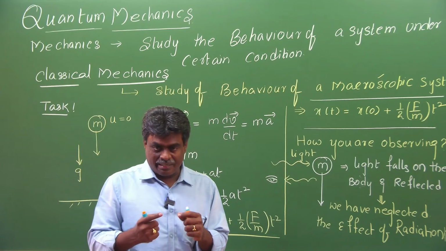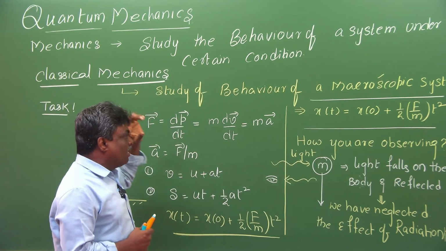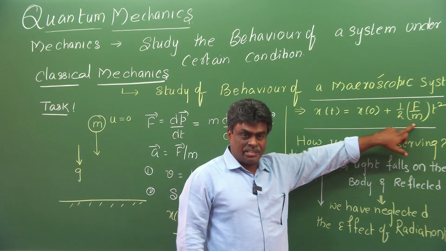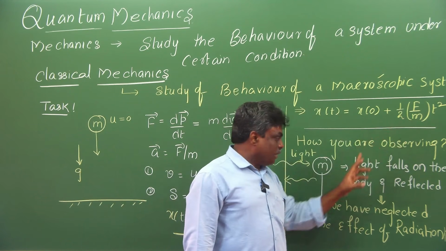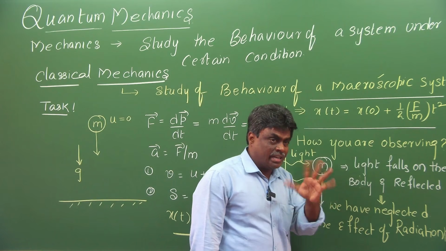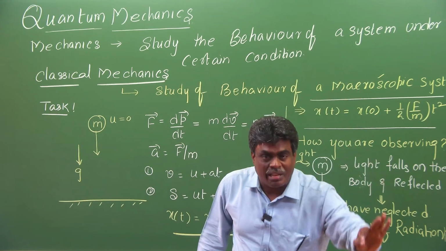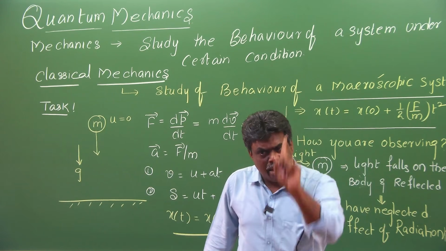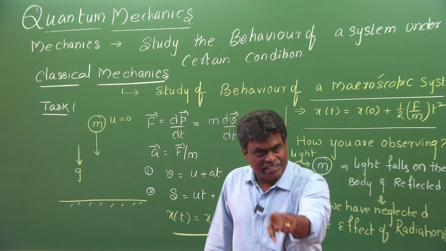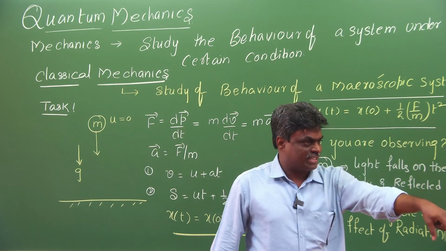Are you understanding? So here we have considered only one effect. What is that? Gravitational effect. Whether you consider this light effect or not, it does not matter. Whether you switch off the light or switch on the light, it travels the same distance after 2 seconds. It travels the same distance after 5 seconds.